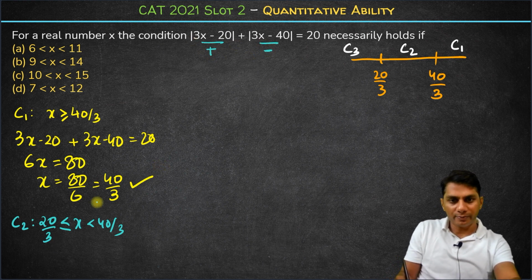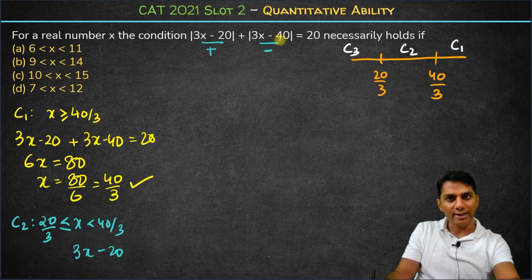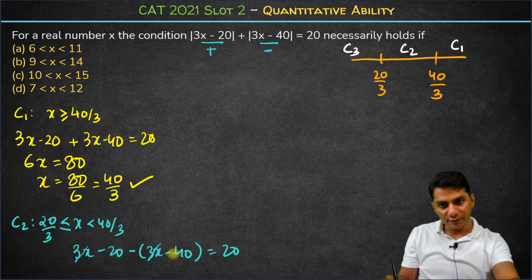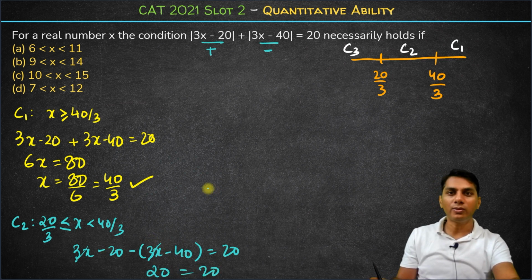So if this expression is positive, we'll write this as 3x minus 20, and since it is negative, we'll remove the mod sign and put a minus sign. So this becomes minus 3x minus 40 is equal to 20. So 3x and minus 3x get cancelled out. Minus 20, minus of minus 40 is plus 40. So we have plus 40 minus 20 is 20. So this comes out to be 20 is equal to 20.